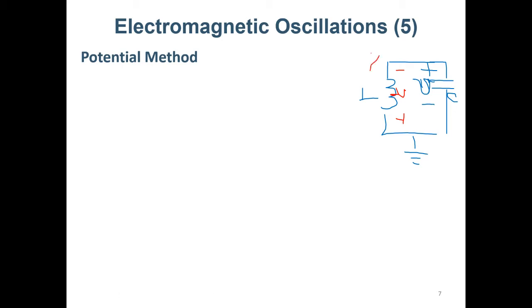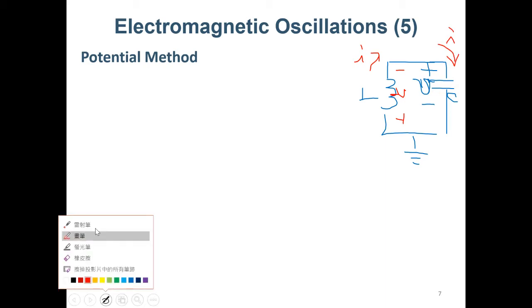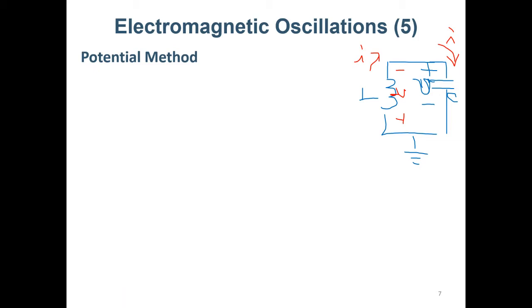And actually, this is I. They share the same current. So in this case, we know that I is C dV dt. And for the inductor, we have minus V equals to L di dt.